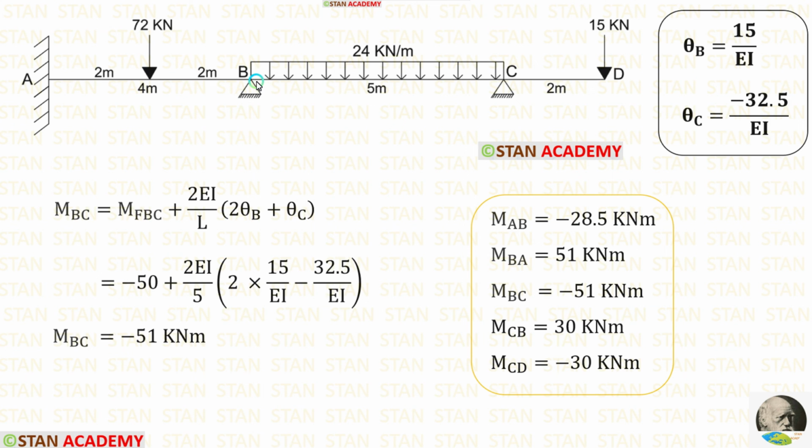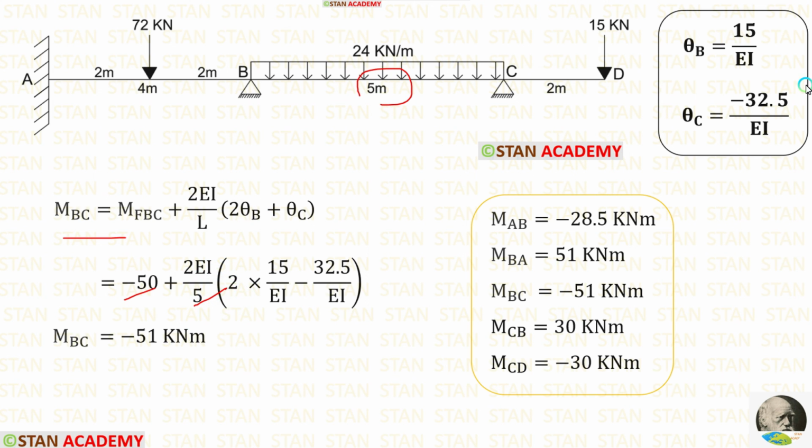Now, let us make the slope deflection equation in the span BC. No need to make the equation for MCB because we have already calculated MCB. Only make the equation for MBC. In this equation, let us apply the fixed end moment. Length of BC is 5 meter.